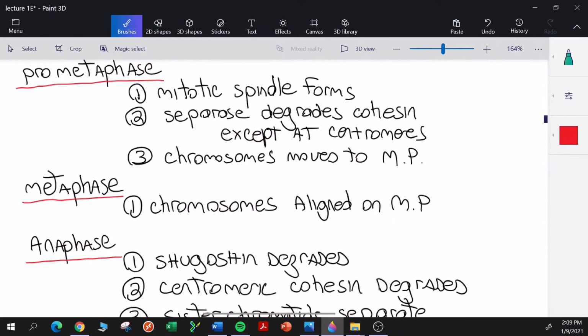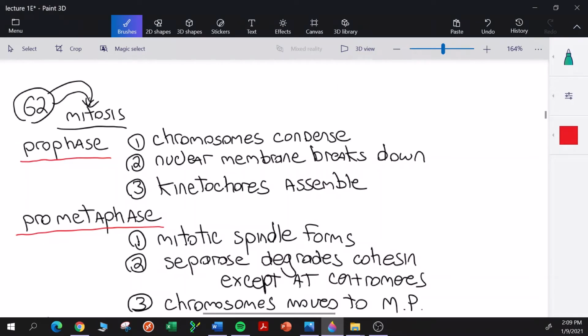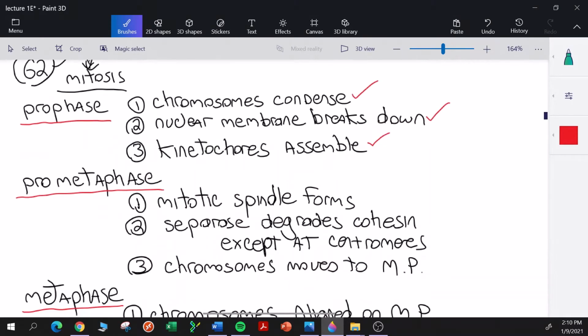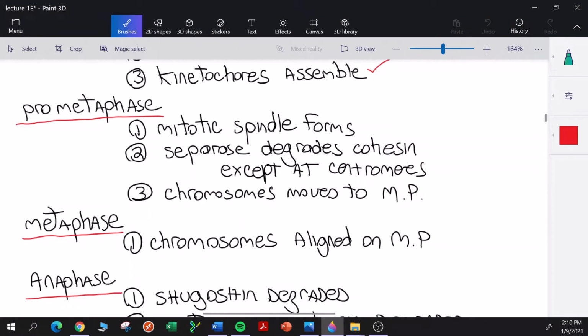Now I'll diagram each of these individually, but with respect to prophase, the chromosomes condense, the nuclear membrane breaks down, and these things called kinetochores assemble on the centromeres. During prometaphase, the mitotic spindle forms. An enzyme called separase degrades a protein complex called cohesin, which exists between the sister chromatids, and it degrades these cohesin complexes all along the sister chromatids except at the centromeres.